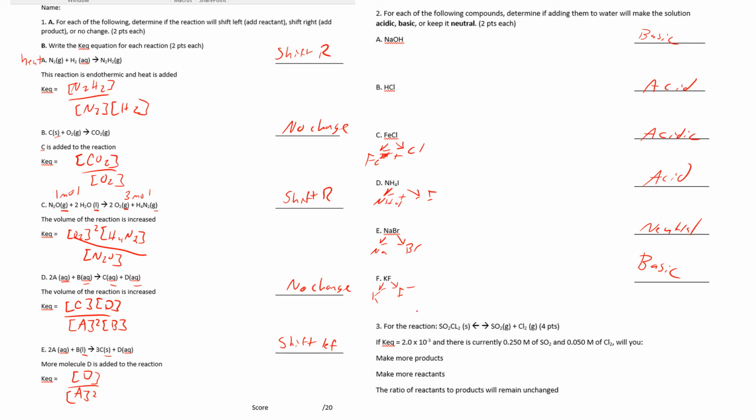Alright, so here in problem 3 we have K, Q, and Q. So the first thing we have to do is calculate Q, which is just SO2 multiplied by Cl2, which is 0.250 times 0.050.